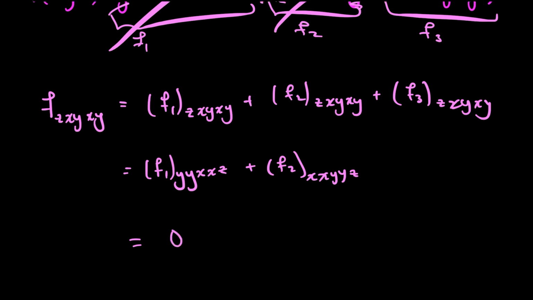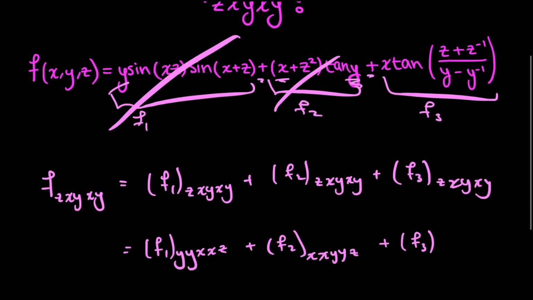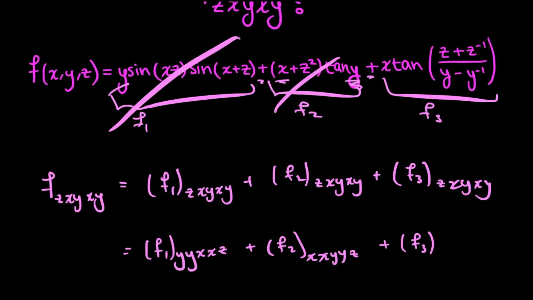As we established, the first function goes to 0, the second function also goes to 0, and then evaluating the third function, I ask myself, what variable do I take the derivative with respect to first to make my life easier? In this case, the only variable that is not included in the trig function is x.